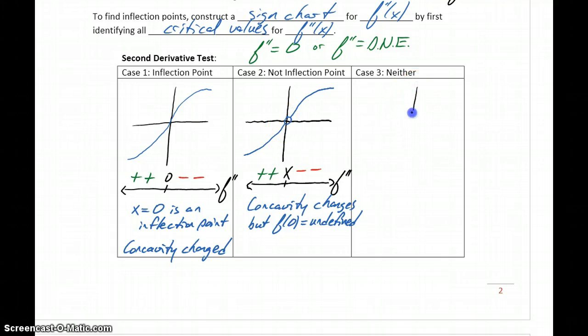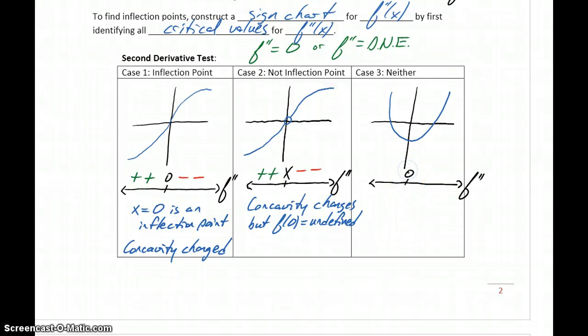And then the last case is where neither of those things occur. So we could find a point where the second derivative would have a value where it's equal to 0, but concavity doesn't change.